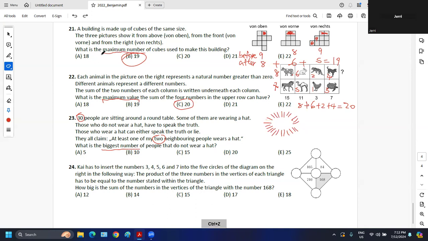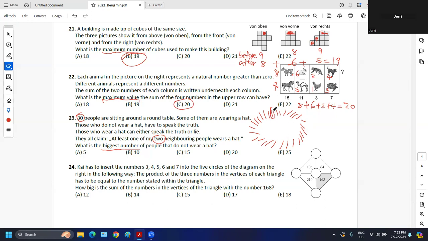Now we have to restart because this circle is a little too small. So again 1 through 30. And now we can start.